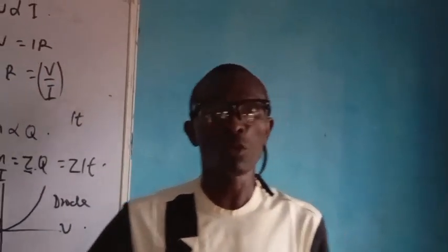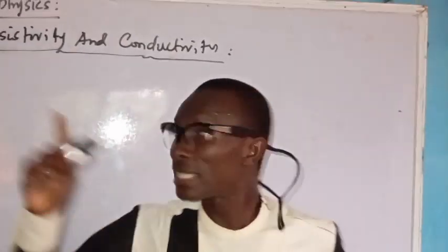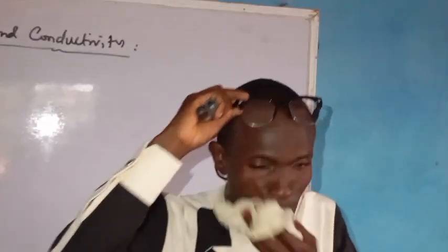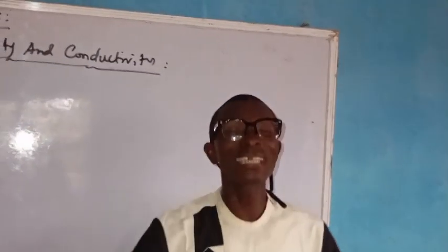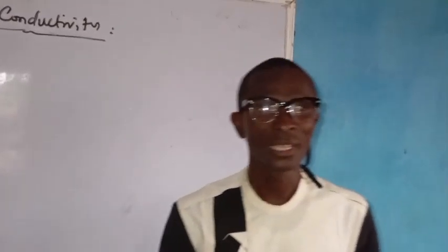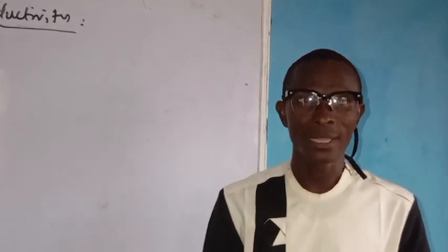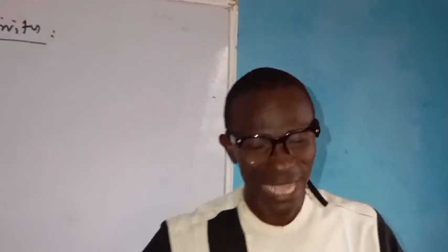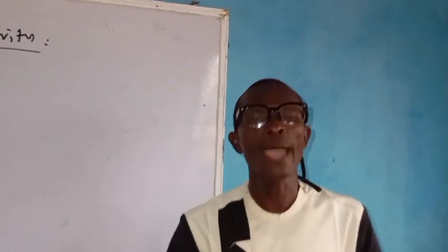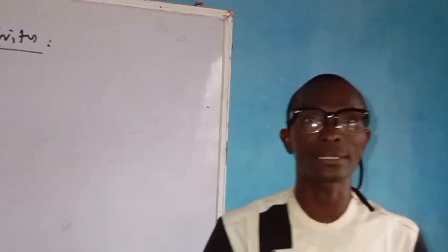So from here, we want to briefly look at the term resistivity, and conductivity. Now, what do we mean by resistivity? What is resistivity? I will say that the resistivity of a material is an intrinsic property that helps to quantify how strongly a given material opposes the flow of electric current.